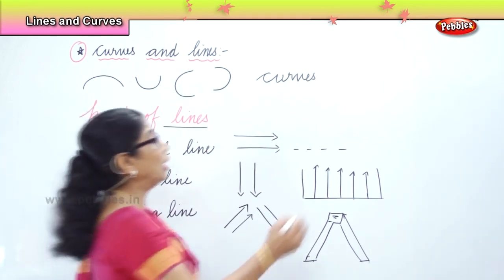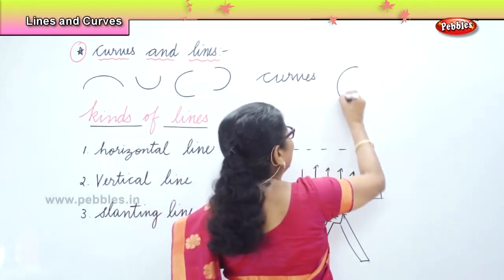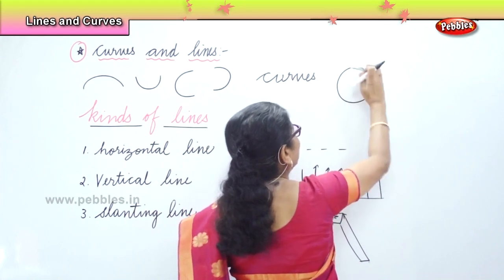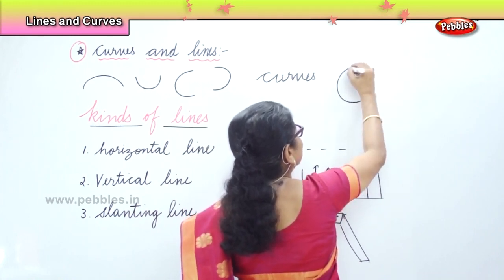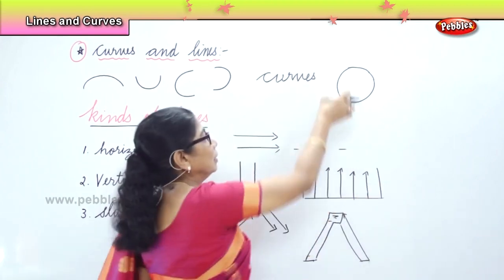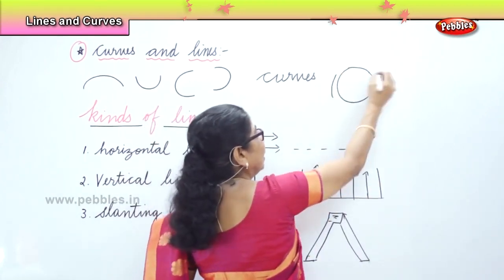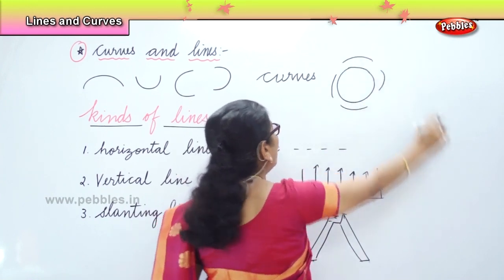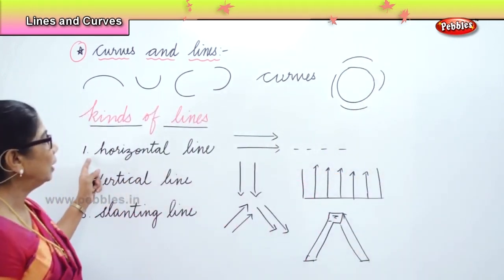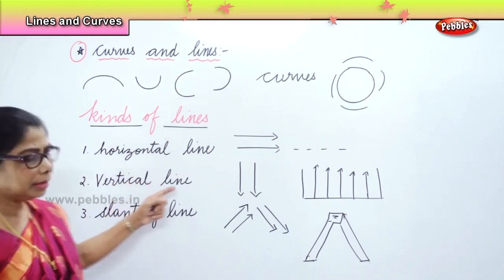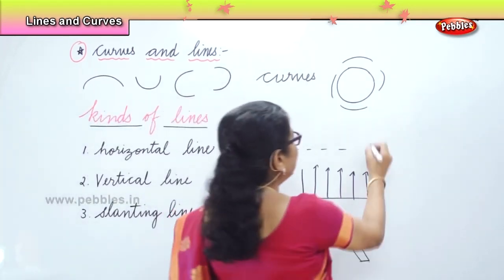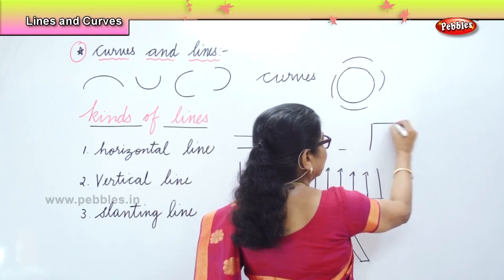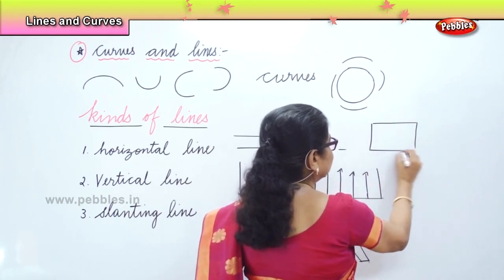You want to draw a lovely little circle, then you need all the four curves. You have one curve here, another curve here, another curve here, another curve here. All curves are used. You have horizontal line when we talk about your board or your chart.